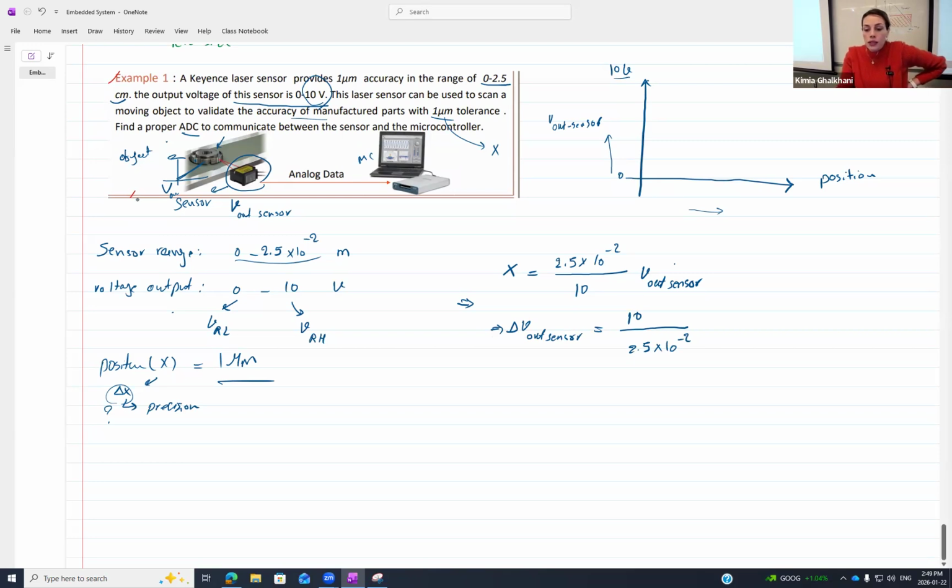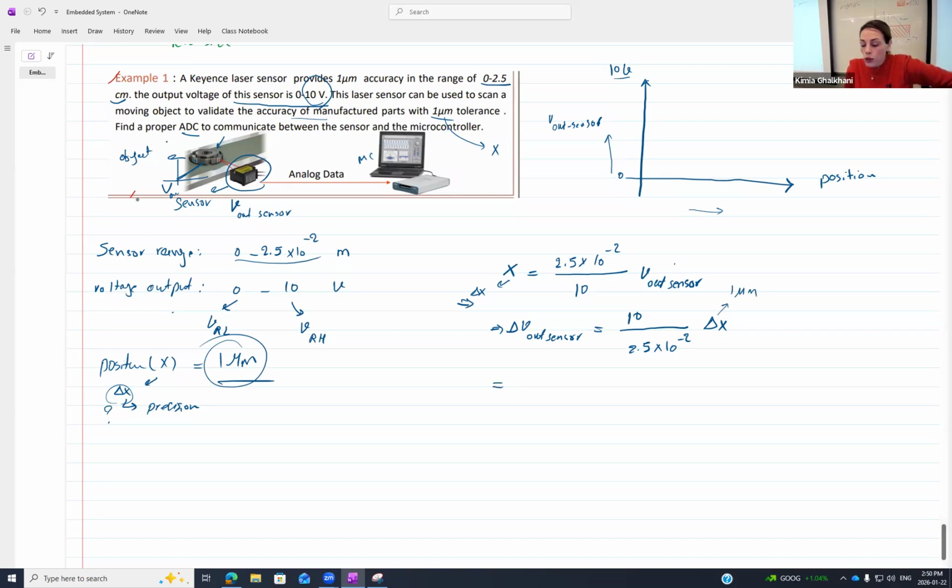And then I have this X, because I'm looking for the difference. Therefore, I make it delta X. Makes sense? But what can I put down instead of delta X? I already said delta X is going to be 1 micro. So this one is your 1 micrometer.